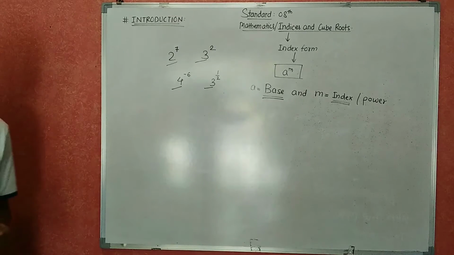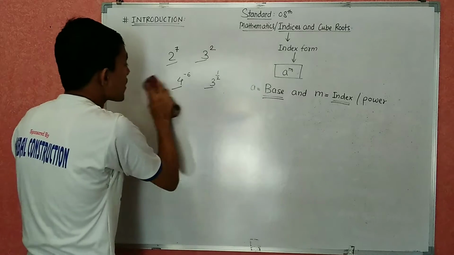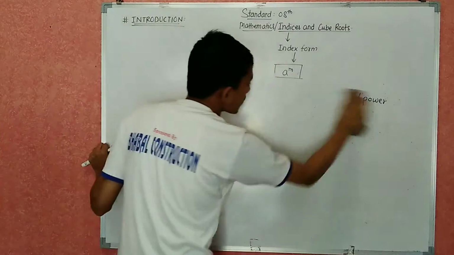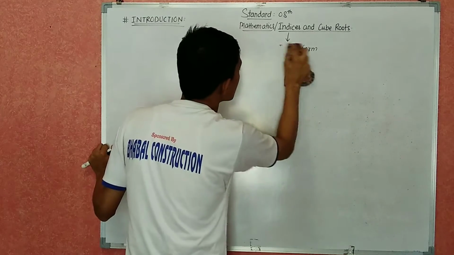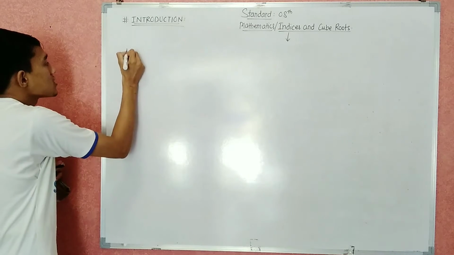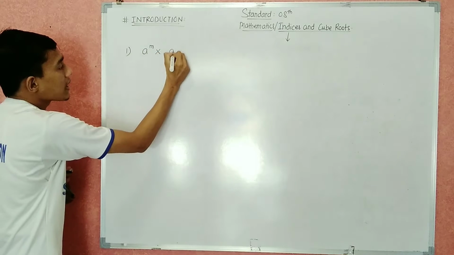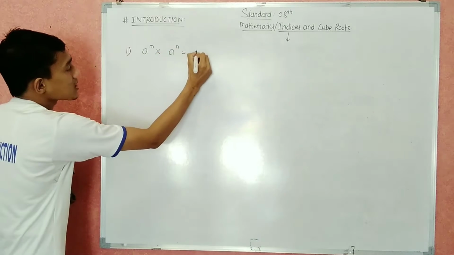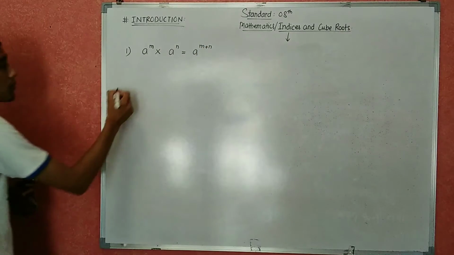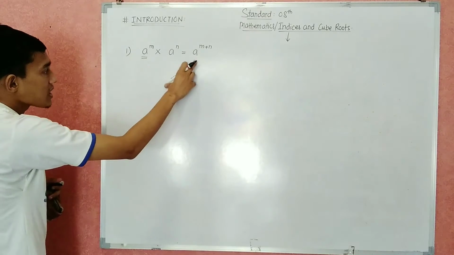So we have studied some laws, that is laws of indices. One by one we are going to see all the laws. The first law of indices is that a raised to m into a raised to n will give us a raised to m plus n.